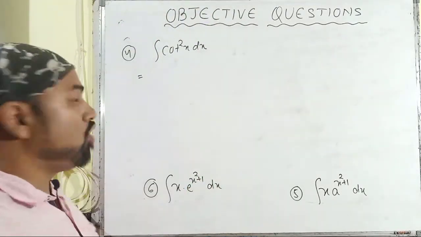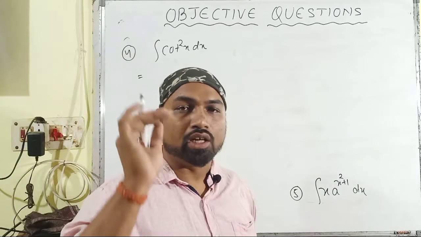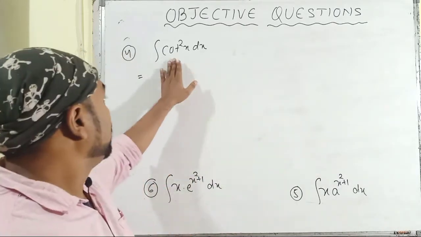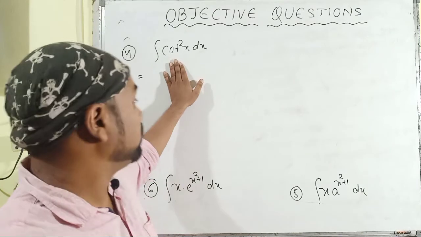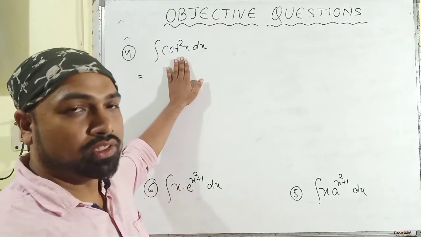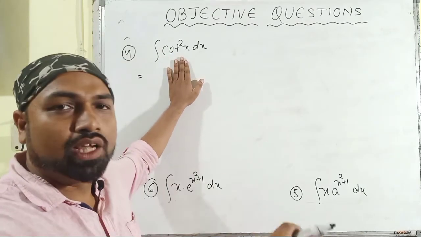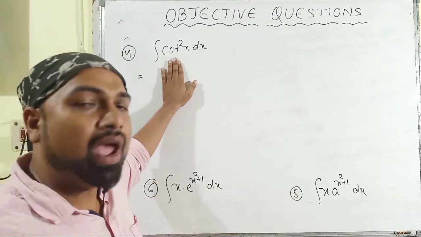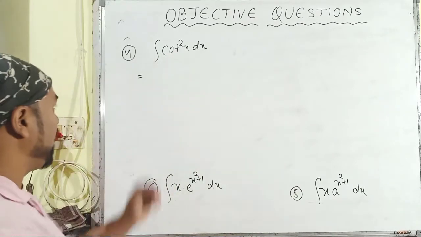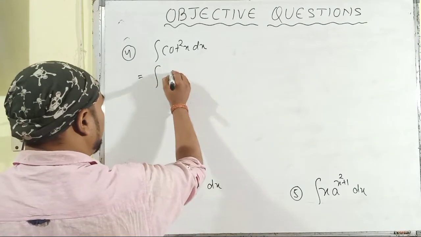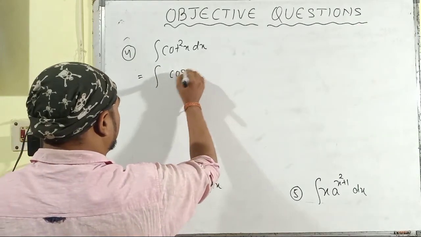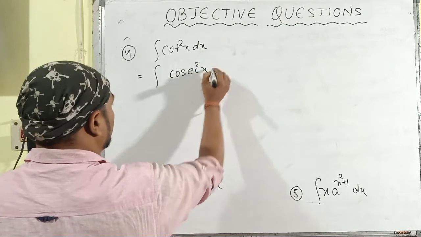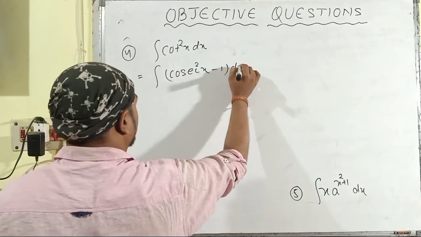Again it is in the form of integral of cot square x dx, and all of you know that we cannot directly find the integral of cot square x. So first of all, like the integral of tan square x, we have to convert this by using the trigonometric identity formula. So let us put here, all of you know, it is cosec square x minus 1.